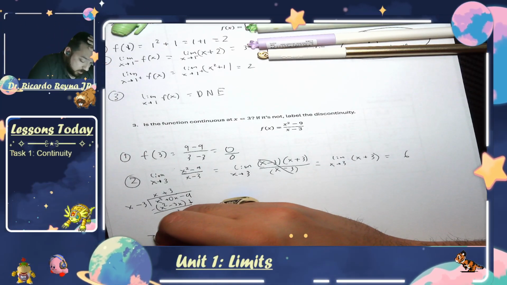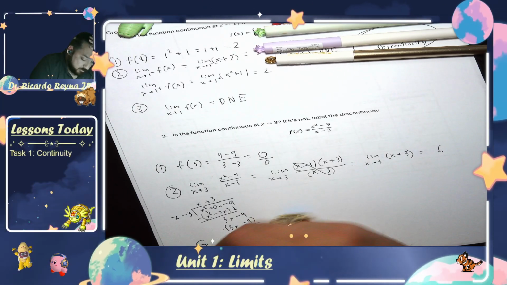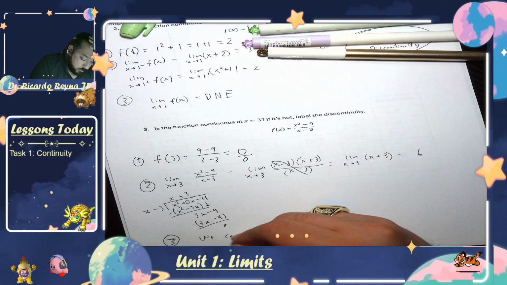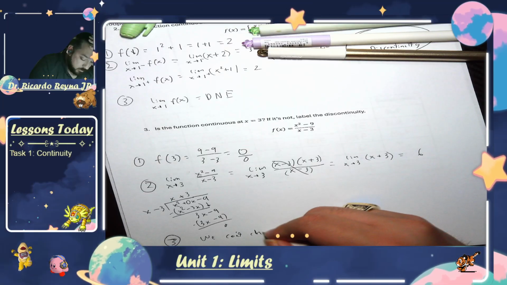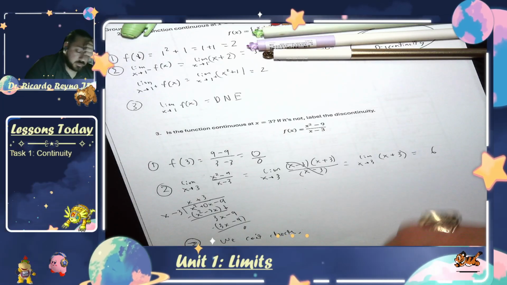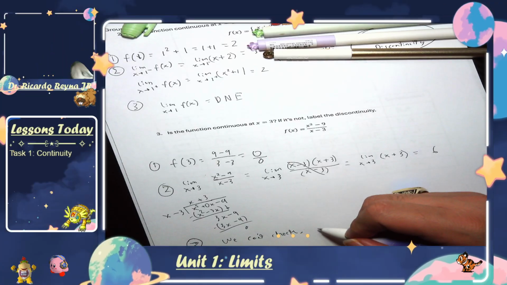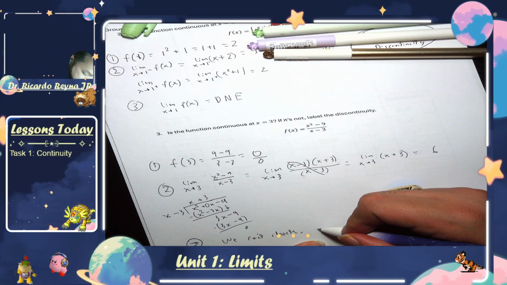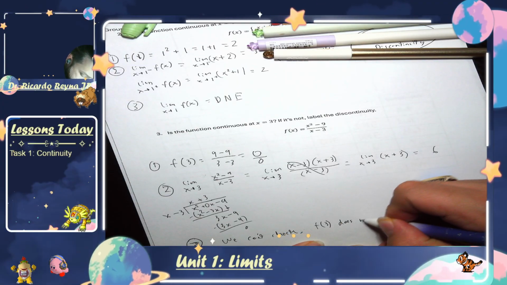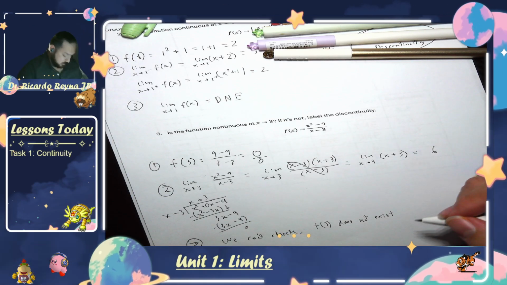And then for step 3, we cannot check, because f of 3 does not exist.